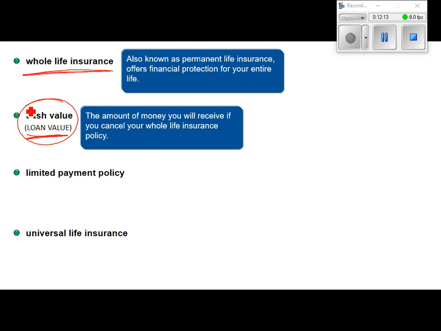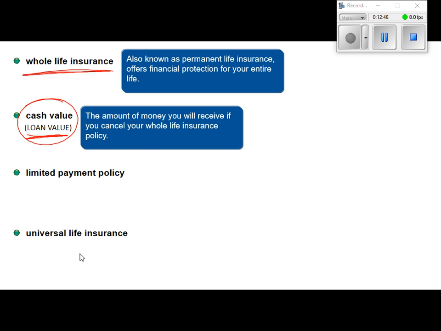If you just started up a whole life policy, and then you go in there a month later and say, hey, I want to take a loan out using my whole life insurance policy, well, you're probably not going to get very much, because if you've only paid in a little bit, they're not going to just give you some great big huge sum of money. It's based on what you have put into it so far.